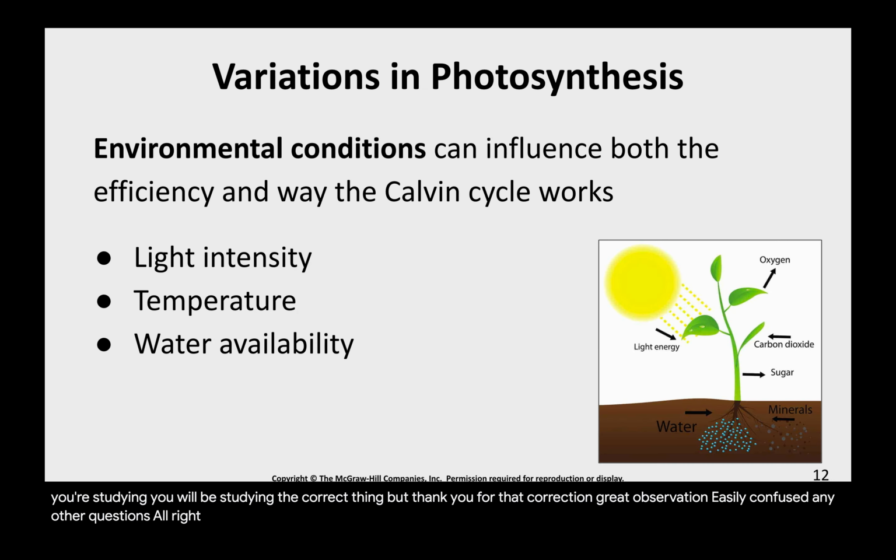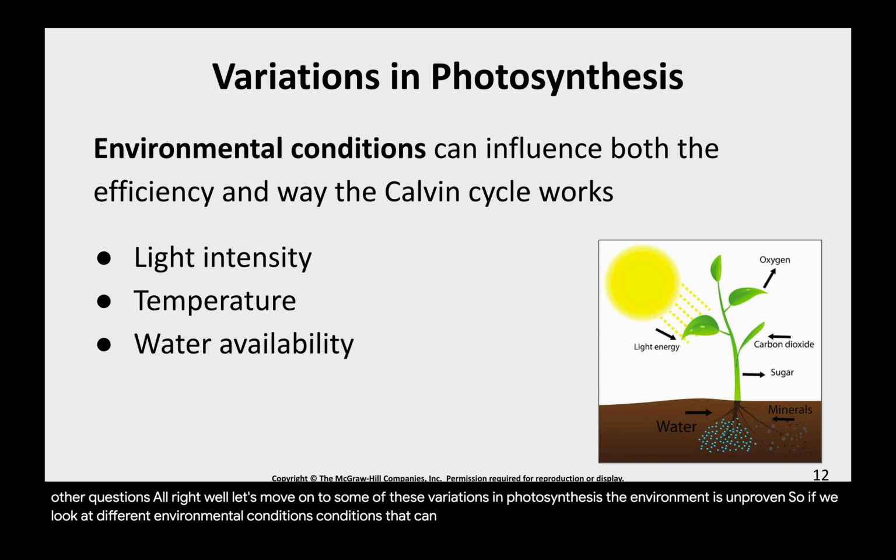All right. Well, let's move on to learn some of these variations in photosynthesis. The environment is unpredictable. What works for one plant is not going to work for the other plant. So if we look at different environmental conditions that can change, we can change in light intensity.